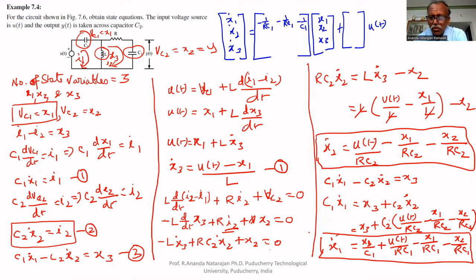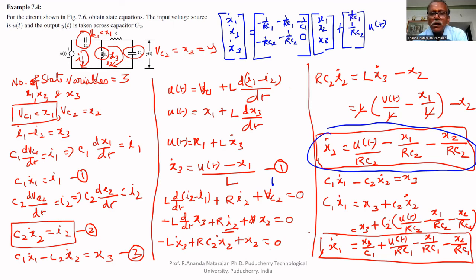That is the first row. For the second row, what is the coefficient of x1? Minus 1 by RC2. Coefficient of x2 is minus 1 by RC2 again. x3 is not there, that's 0. Coefficient of u(t) is 1 by RC2. Here 1 by RC1.